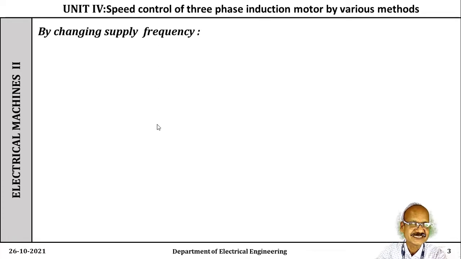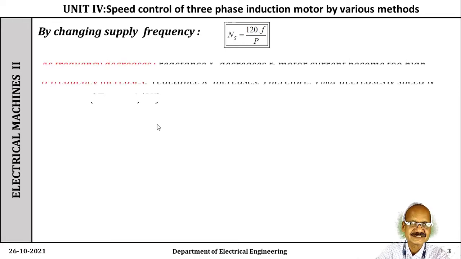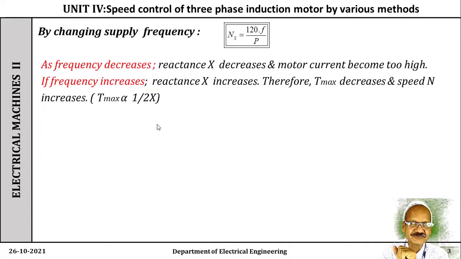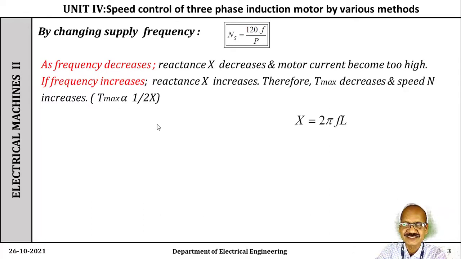Now the next method is by changing the supply frequency. We know that synchronous speed Ns equals 120 F upon P, so the synchronous speed is directly proportional to supply frequency. However, what happens by using this method as the frequency decreases? The reactance X equals 2 pi F L. As the frequency decreases, the reactance decreases, and the motor current becomes too high.